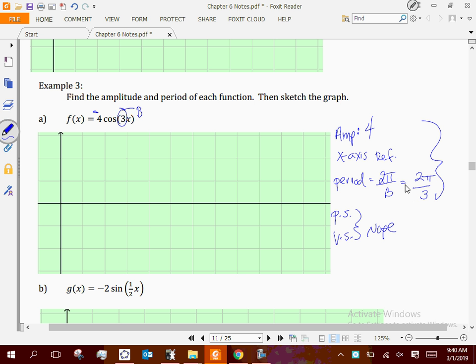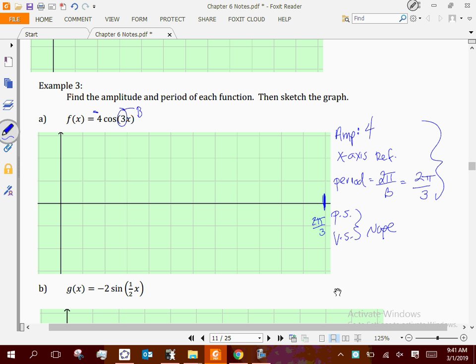Now, if I go out here to 2 pi over 3, okay, last question, I put 2 pi out there, right? Now it's 2 pi over 3.